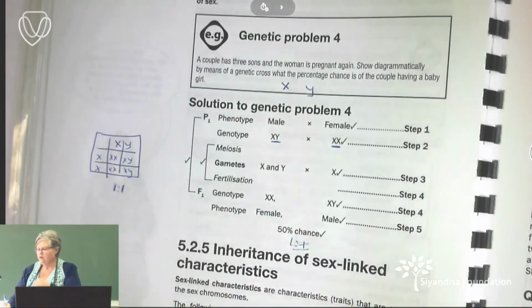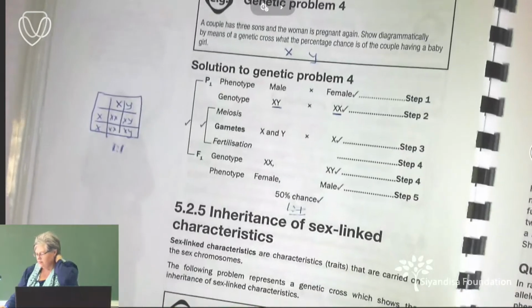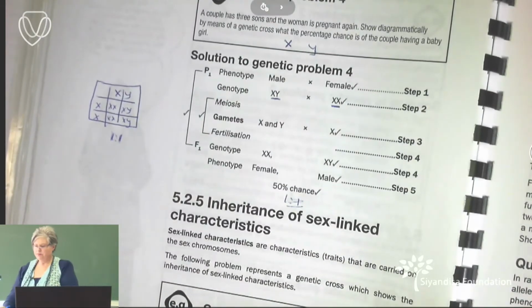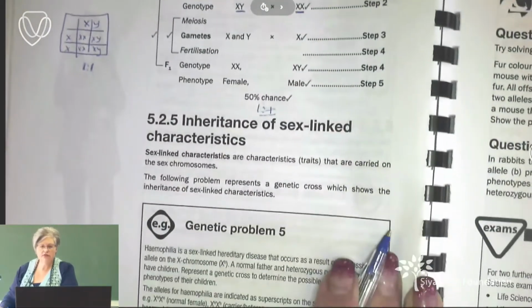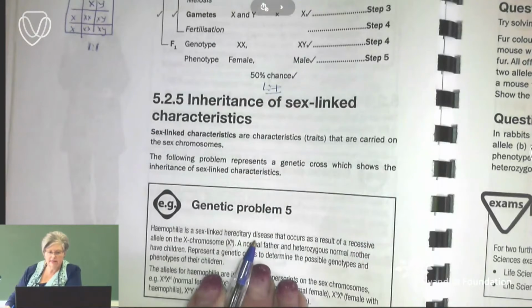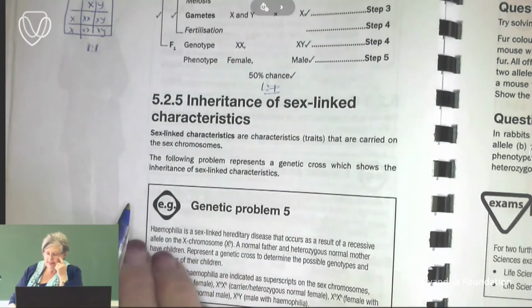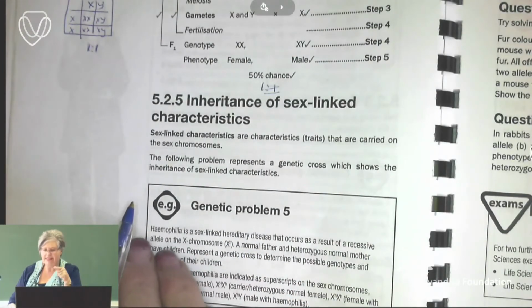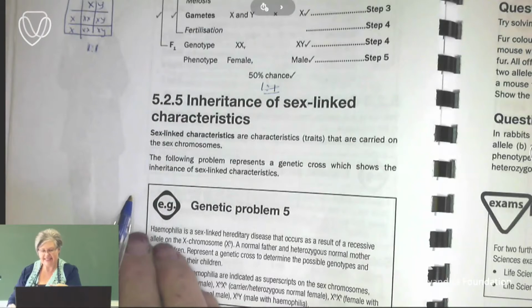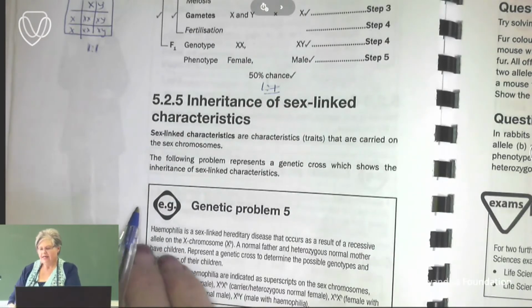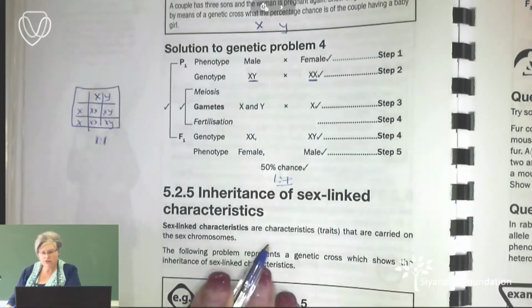Now the next one, which is a little bit more difficult, is the inheritance of sex-linked characteristics. Sex-linked characteristic means it is gender related. So what are the two alleles for gender?